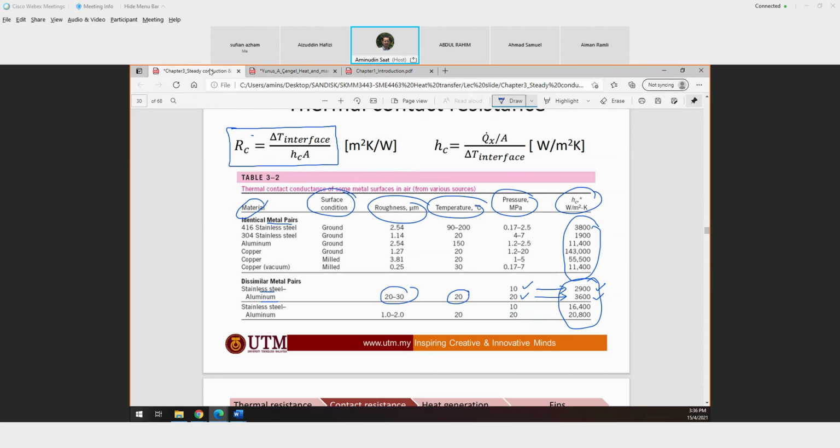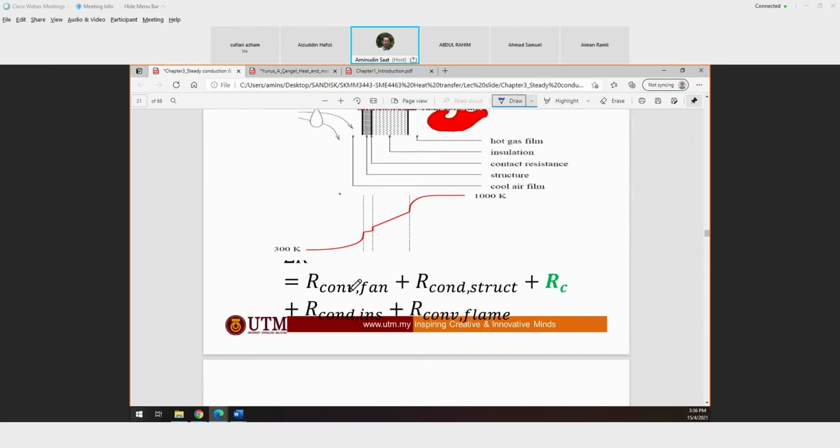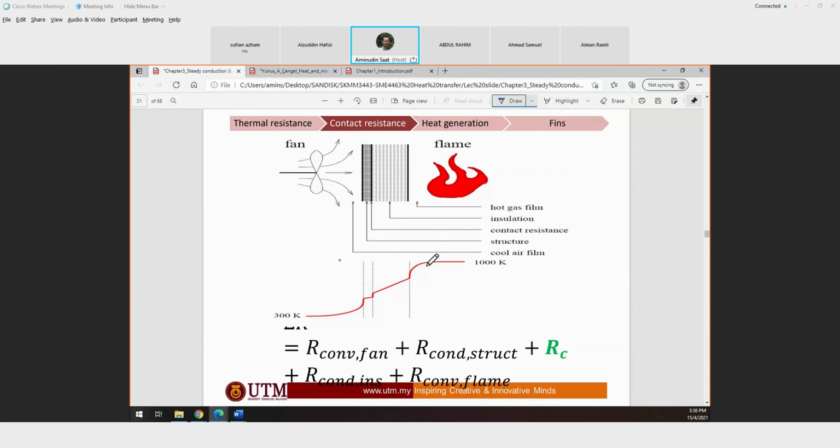Okay, we go back to the slide. Okay, so this is another example. They say you want to calculate the total resistance of the, what? I think this is a boiler wall where you have the flame, you have the structure fabric, and you have the cool air.